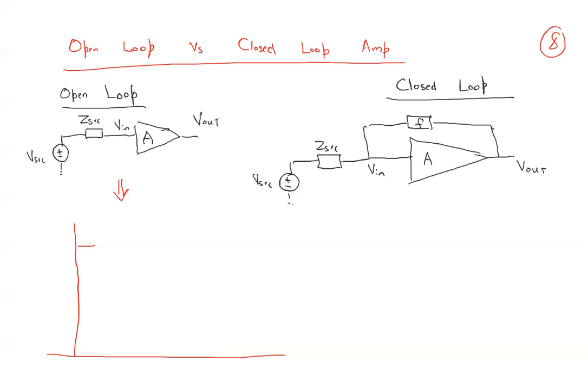It would be something like this: minus 20 dB per decade, minus 40 dB per decade, and here minus 60 dB.